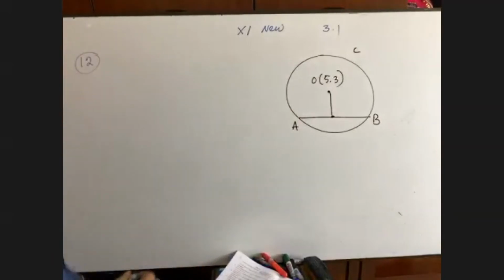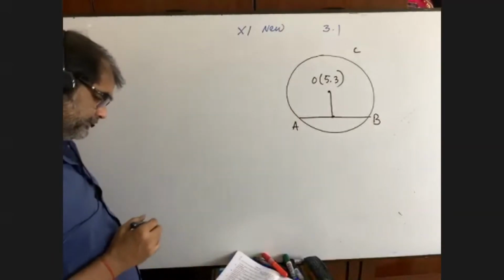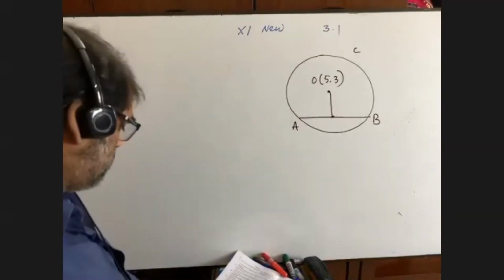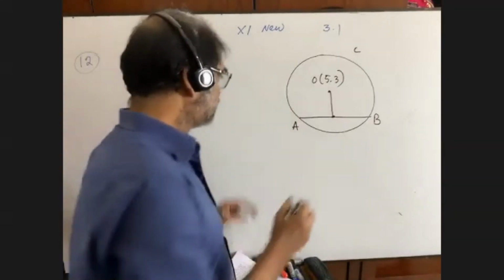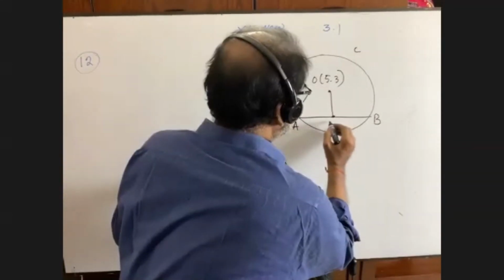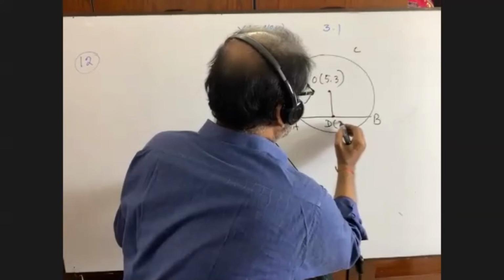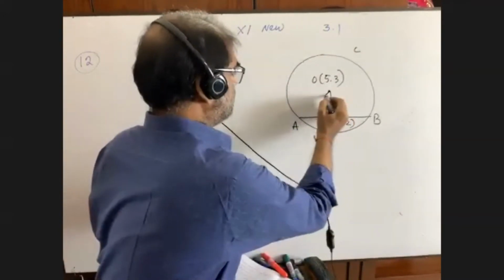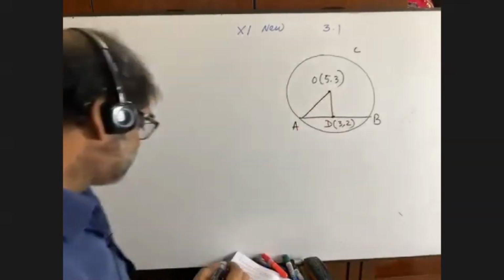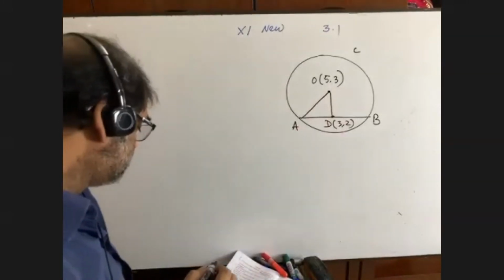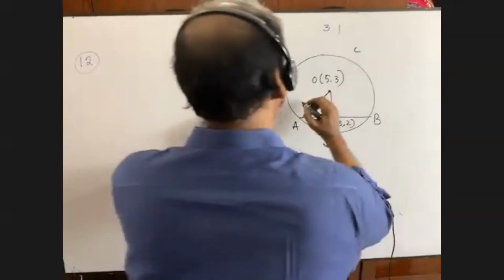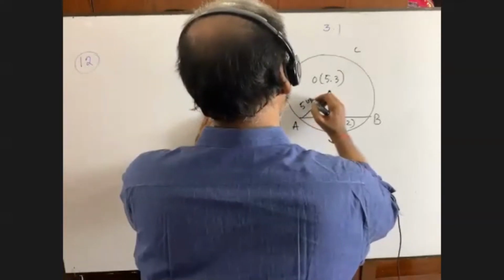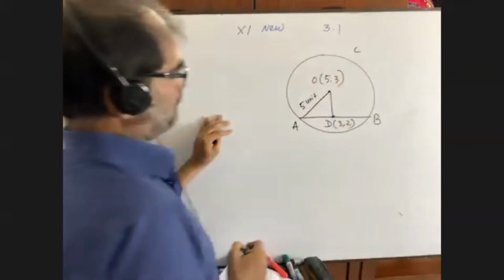So this is the bisecting point, and the point is 3, 2. Suppose it is D. This is the bisecting point, and the radius is given in the question as 5 unit.